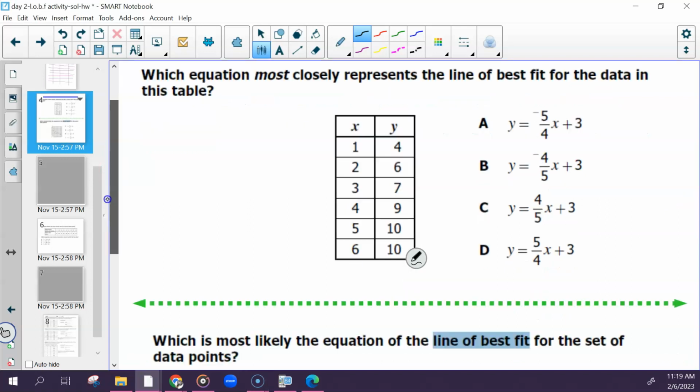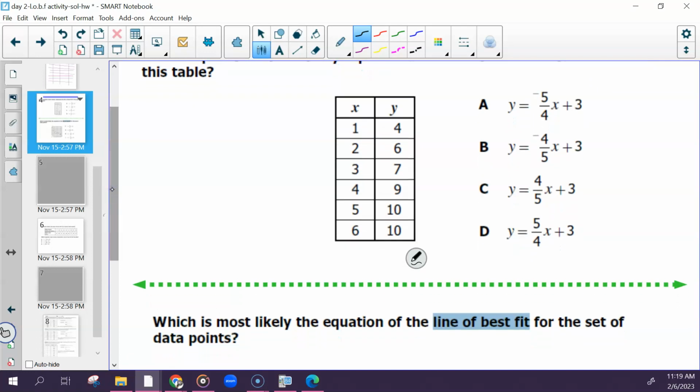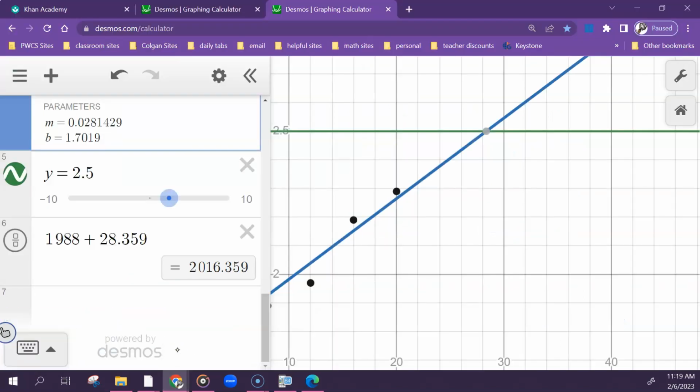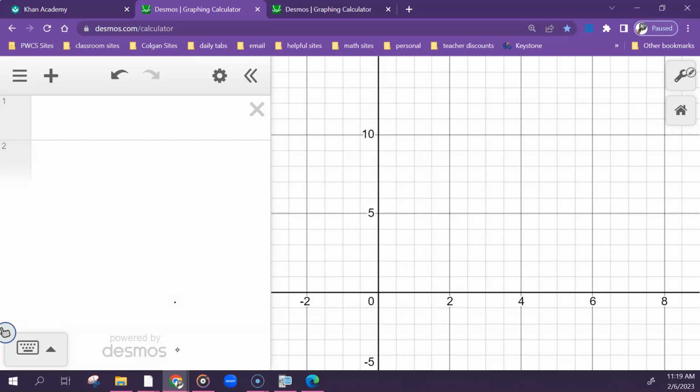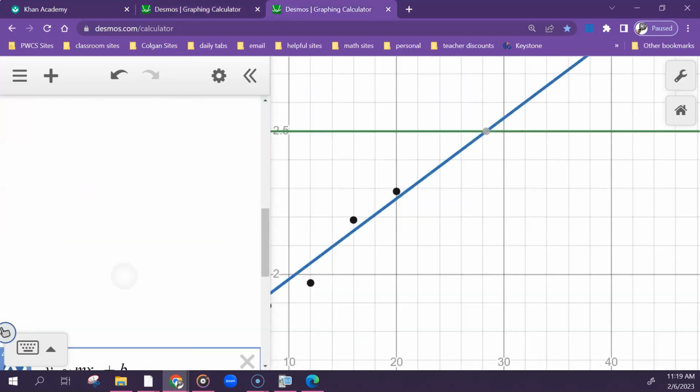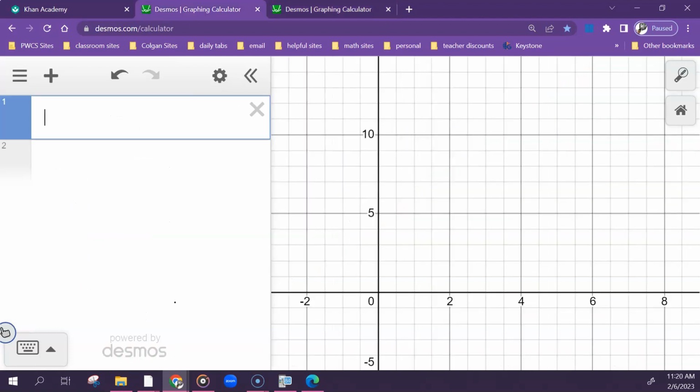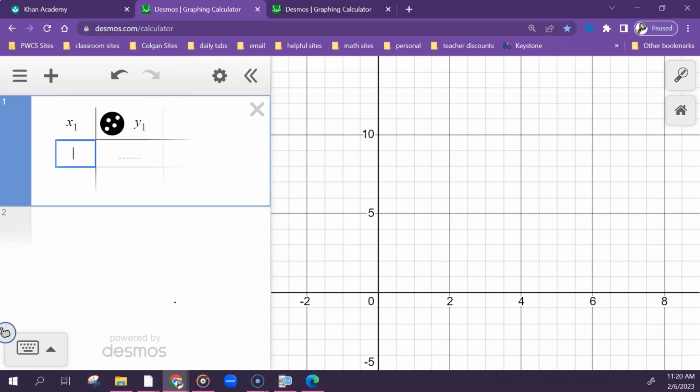Alright, so with this first one, we're going to go ahead and put this into Desmos, into the calculator. However you want to do that, go ahead and start that process. I'm going to be using Desmos. So add your table, put all that data in.